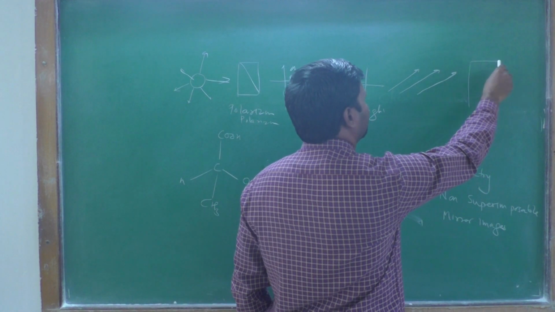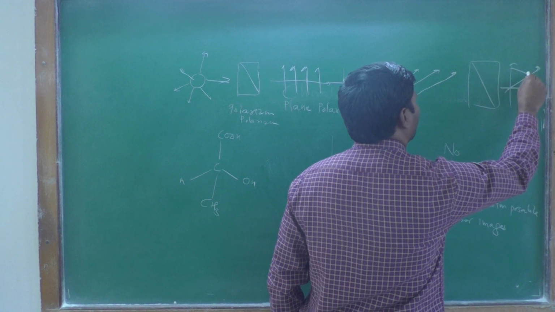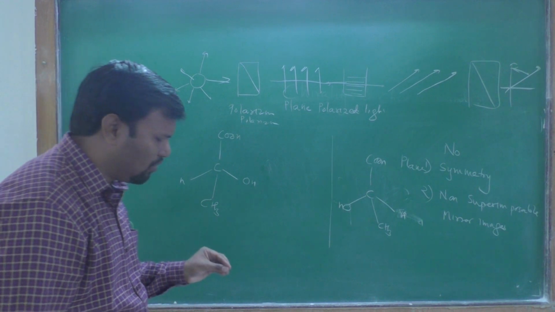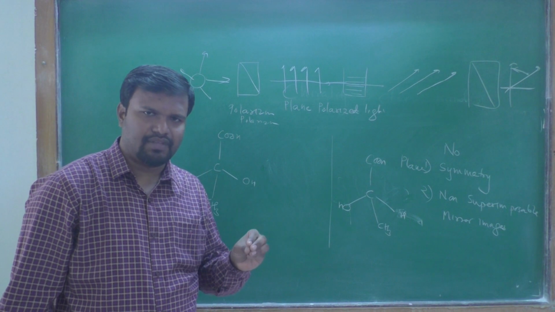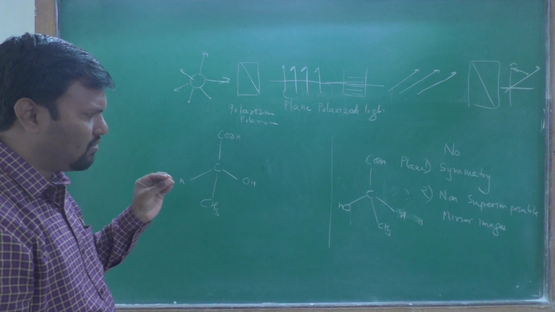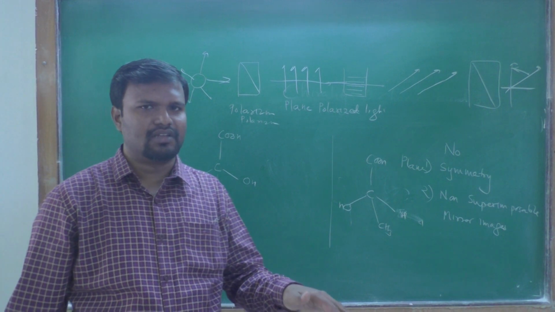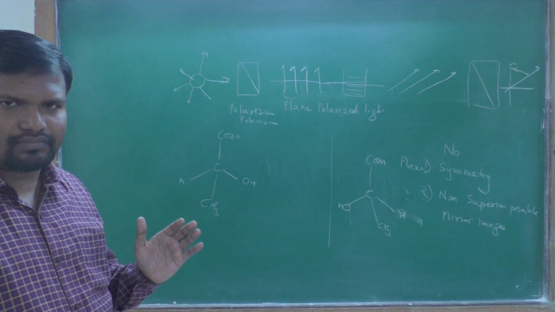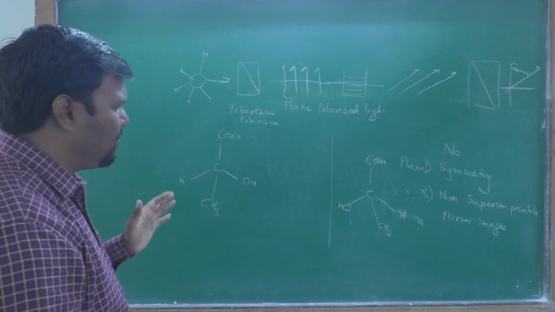By using a second nicol prism, you can find out at which angle your plane polarized light is rotated. Therefore chiral molecules rotate plane polarized light. If a molecule is chiral, it definitely rotates plane polarized light when passed through a solution of it. That is optical activity. Your chiral molecule should be optically active.